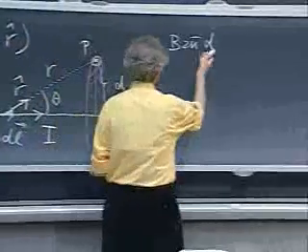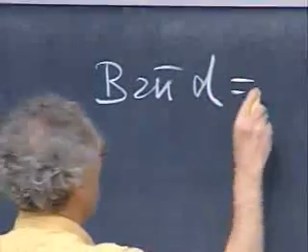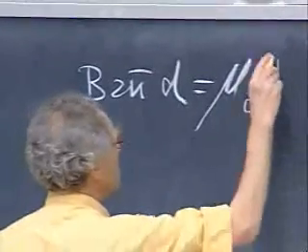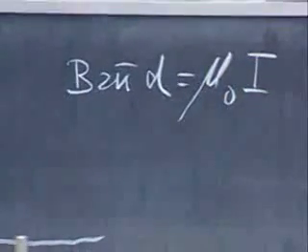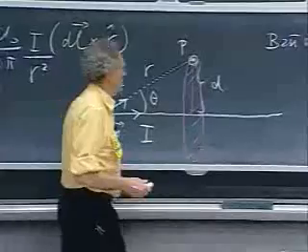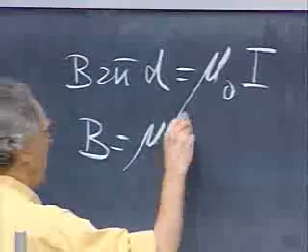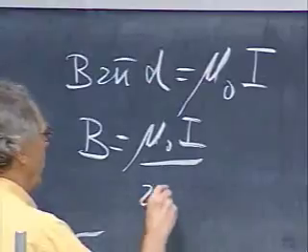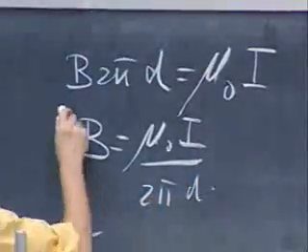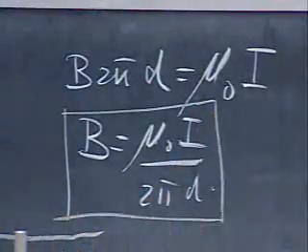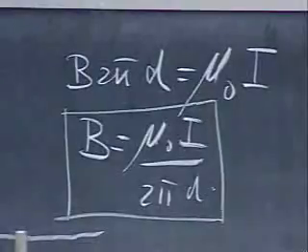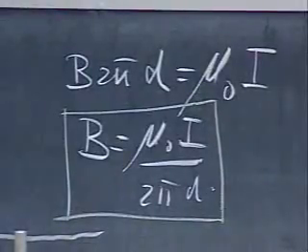So I get 2 pi B times d equals mu 0 times the current that penetrates that surface, and that is I. And so the answer is very simple, mu 0 I divided by 2 pi d. That's the way you would do this problem, and you would stay away from Biot-Savart.